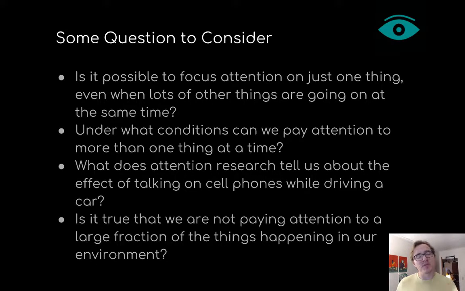And this is a very specific example in regards to distraction and what sorts of things we can actually accomplish based on the salience of our environment. And finally, is it true that we are not paying attention to a large fraction of things happening in our environment? Spoiler alert, the answer to that is yes, but not as hard a yes as you might think. It's not that we block out everything, it's a matter of what things actually make it to our short-term working memory.